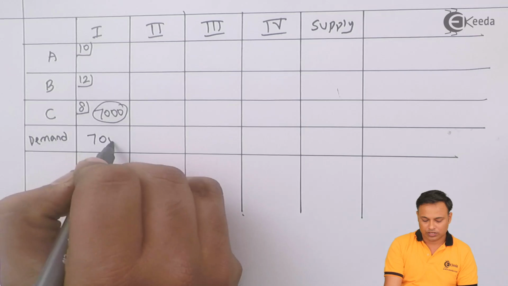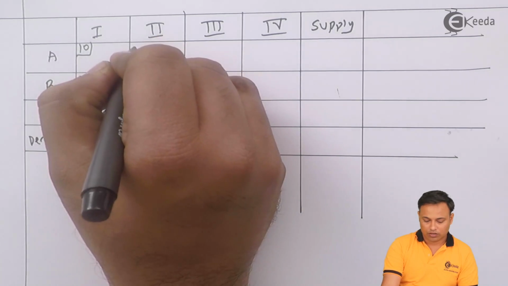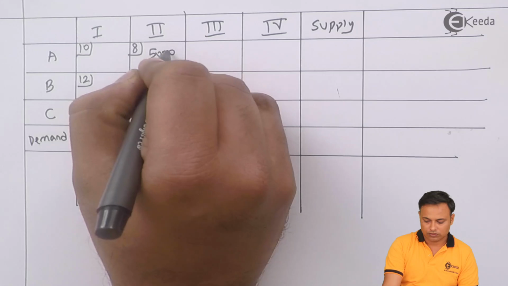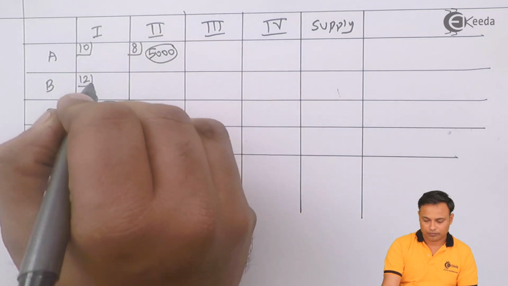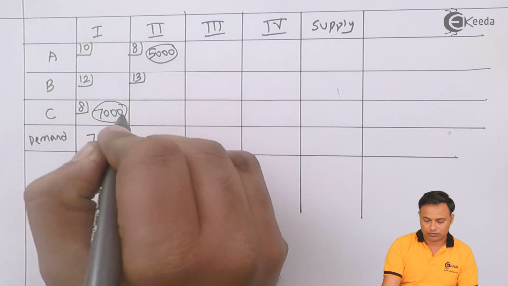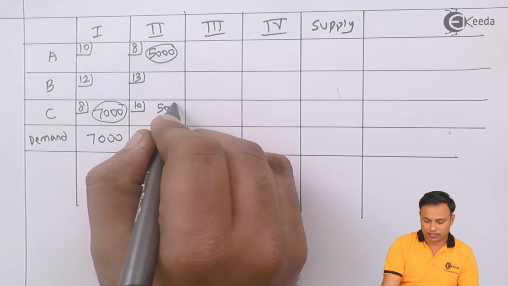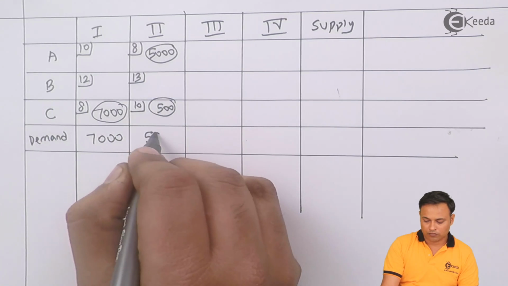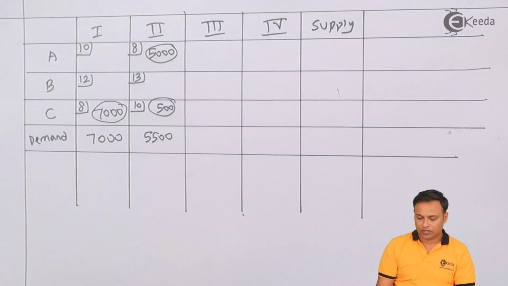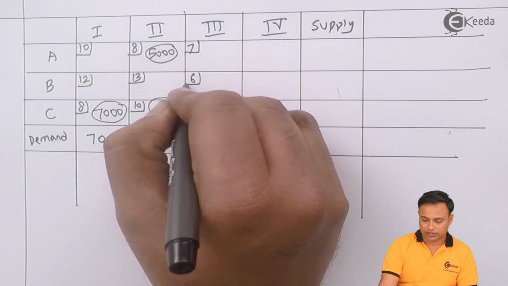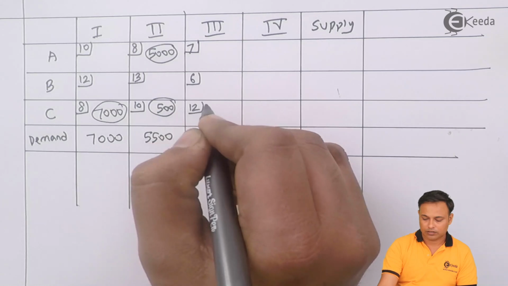And I have 7,000 here. Here the cost is 8, allocation is 5,000, 13 and 10, allocation is 500. And the total comes to 5,500. In the third column we have got 7, 6, 12.